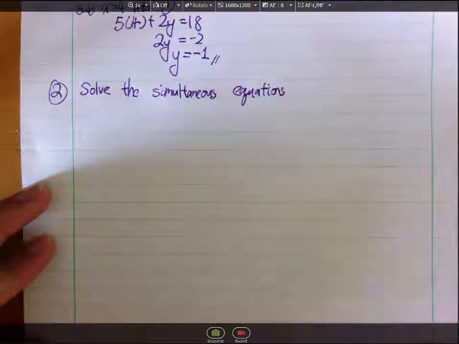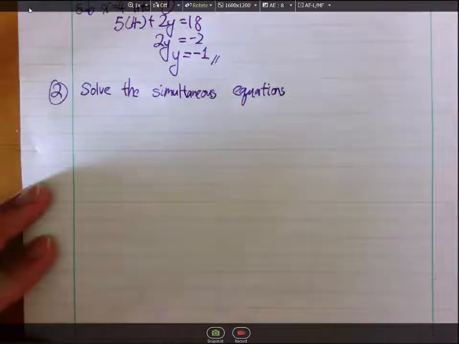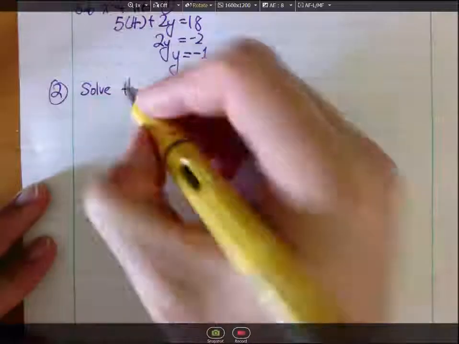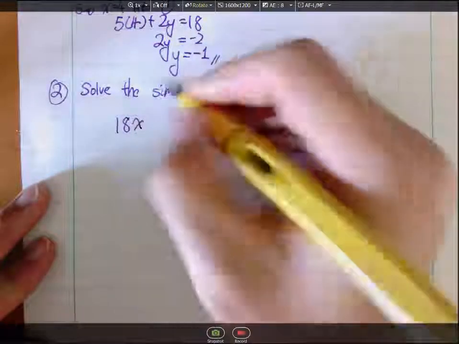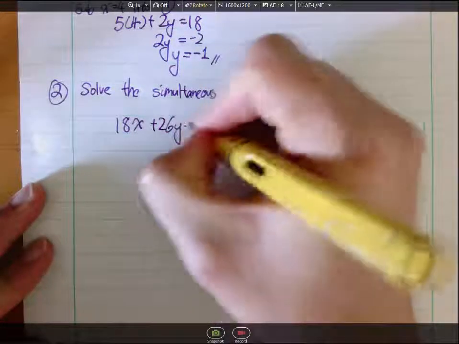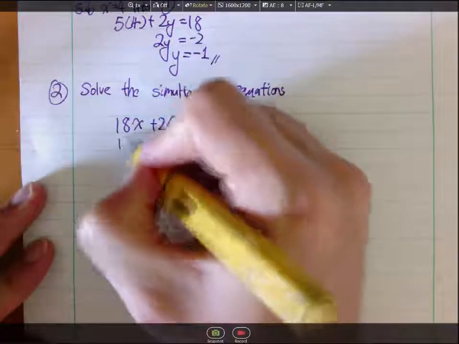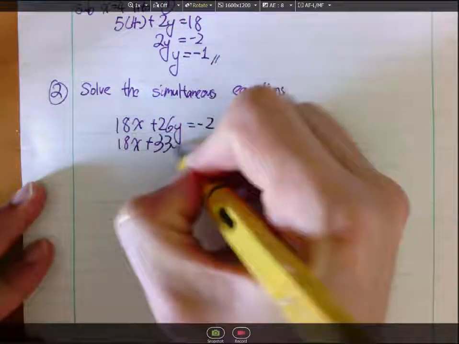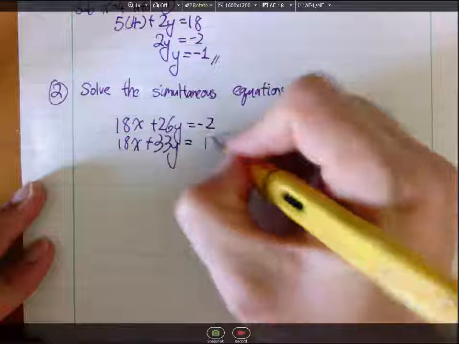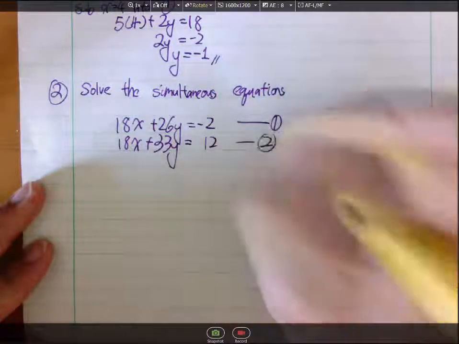What we have here is this. We have 18x plus 26y is equals to negative 2, and 18x plus 33y is equals to 12. Equation 1, equation 2.